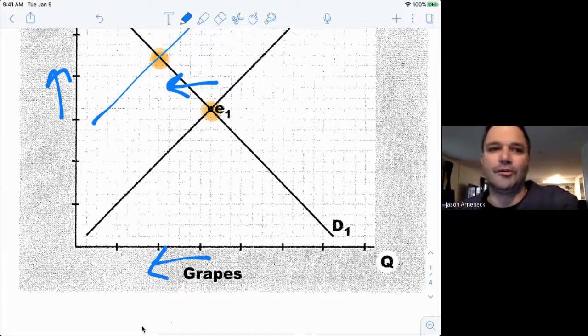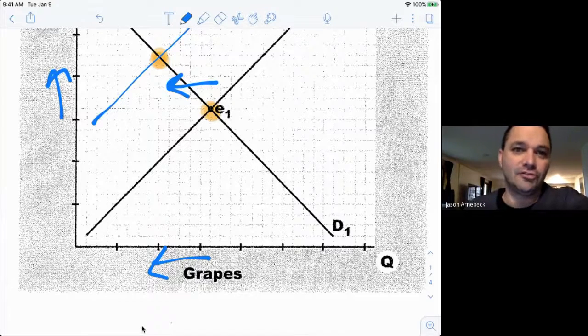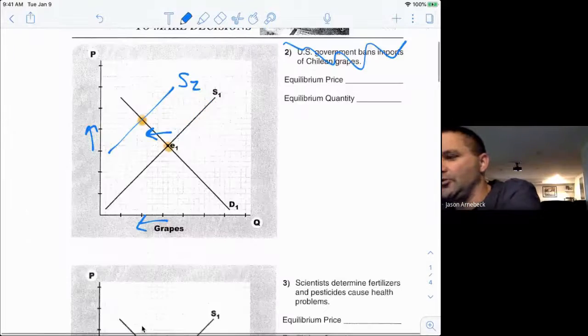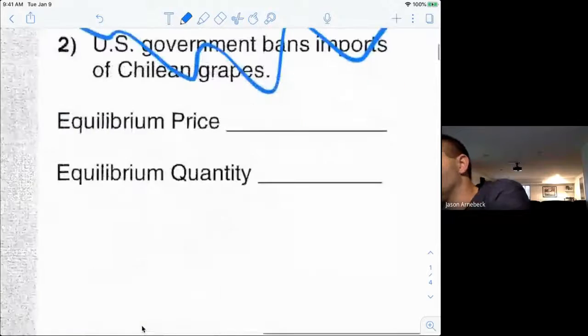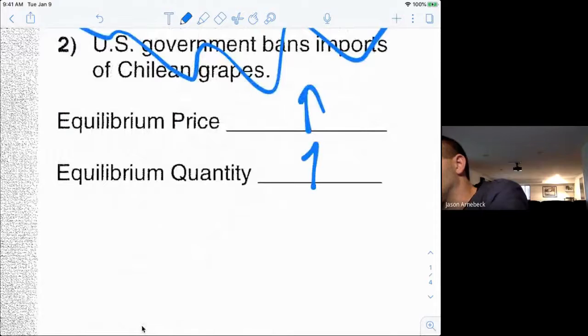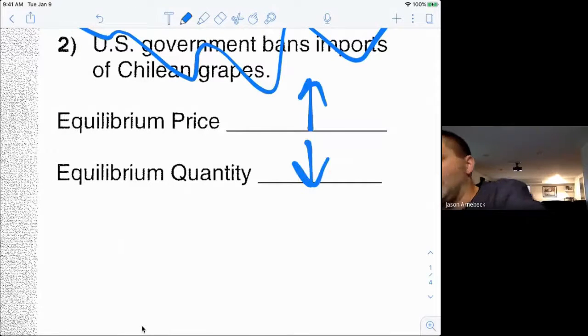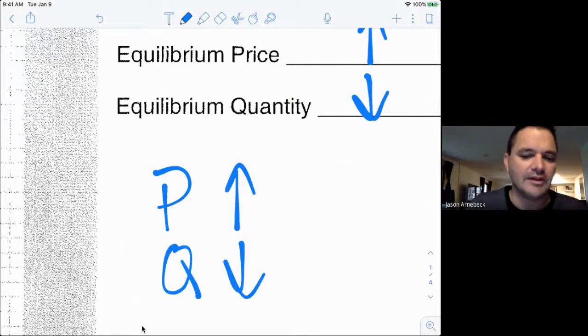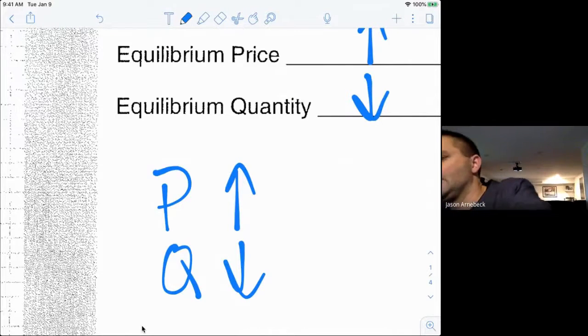Otherwise, just by drawing the curve, you're not showing me that you know what happens to the price and the quantity. The other thing you could do is, we had a space for you to put price and quantity, but on the test, maybe you just draw a P and a Q, price up, quantity down, something like that. So that's how you gain those 3 points.